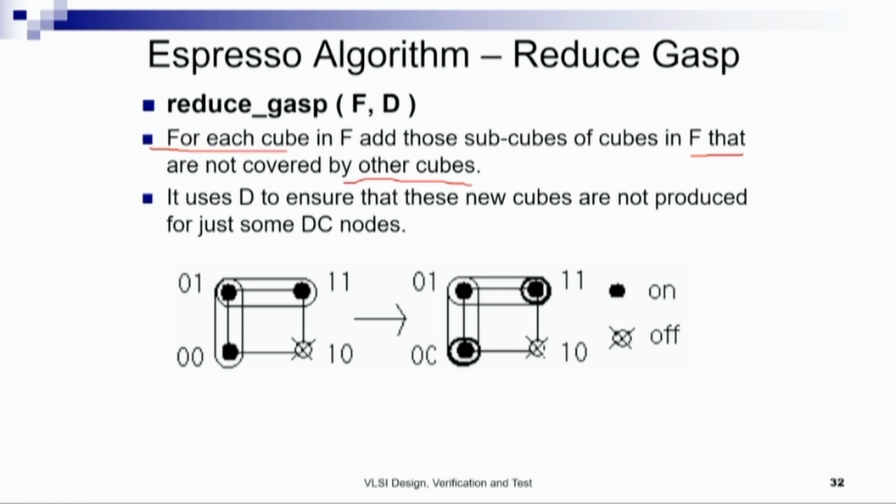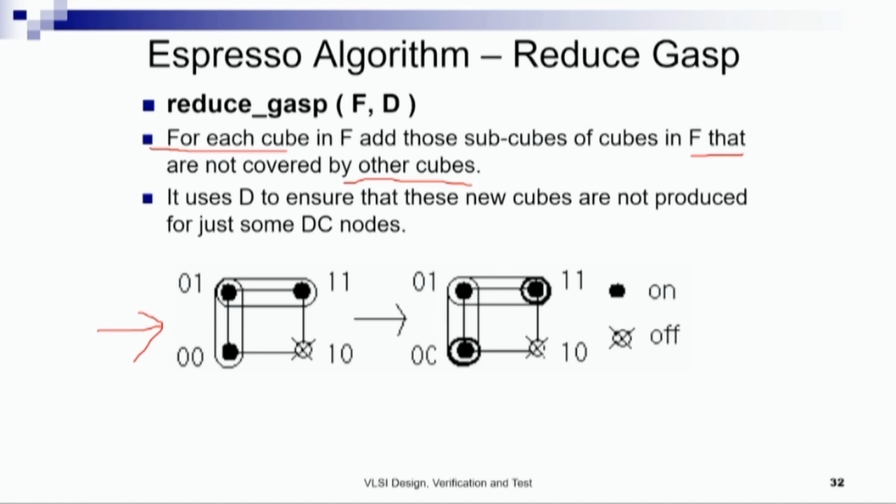Now we take that solution and add those subcubes in F that are not covered by other cubes. For example, here, for each cube in F, add those subcubes in F that are not covered by other cubes.